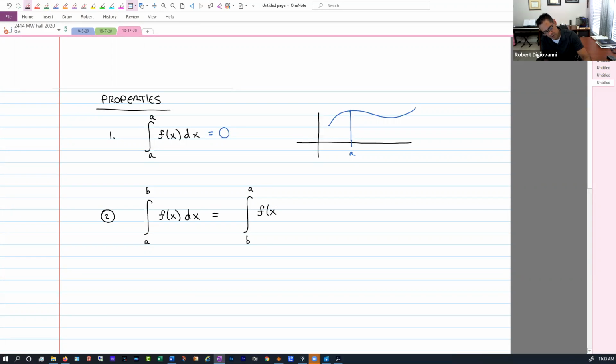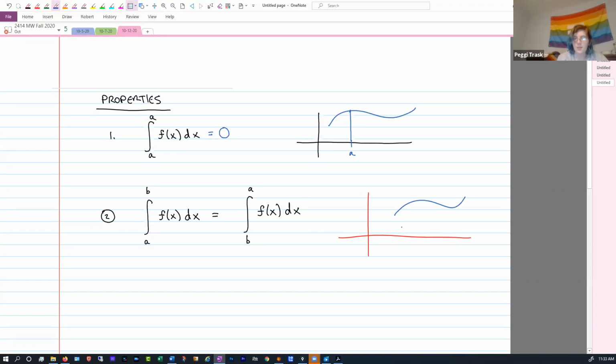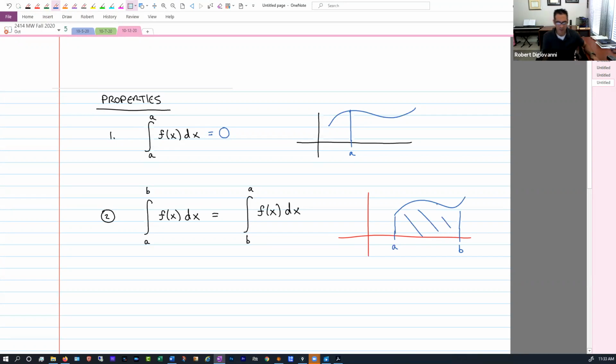Do you think that the integral from A to B is equal to the integral from B to A? It's kind of like, when I go from A to B, and I want to know that area, is that the same as the area from B to A?